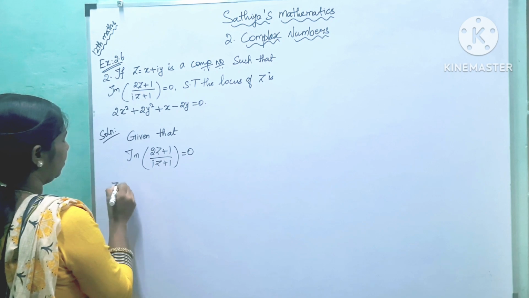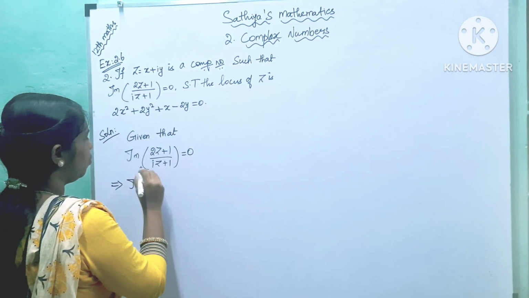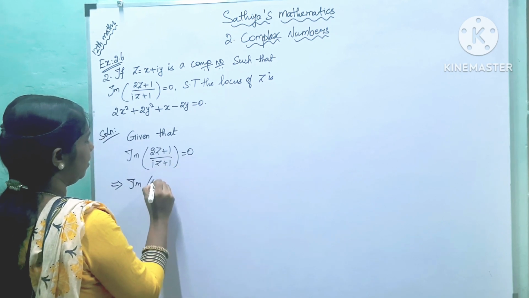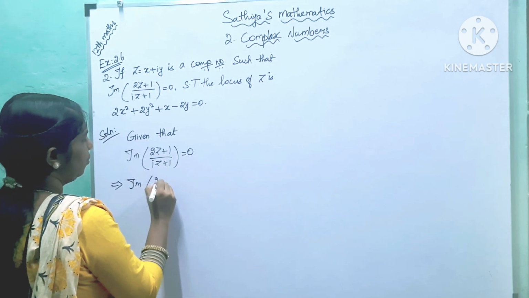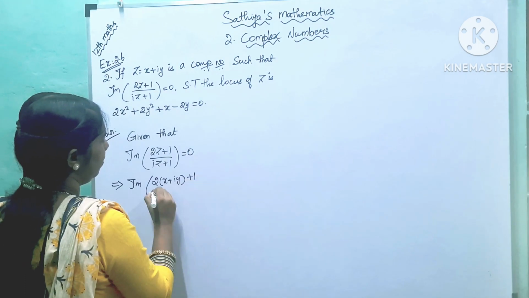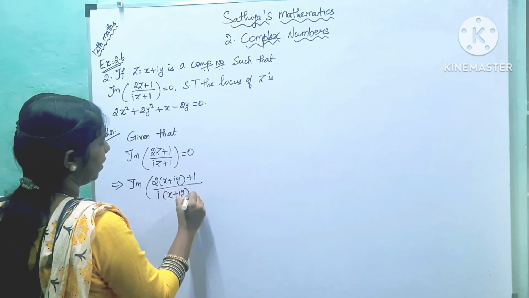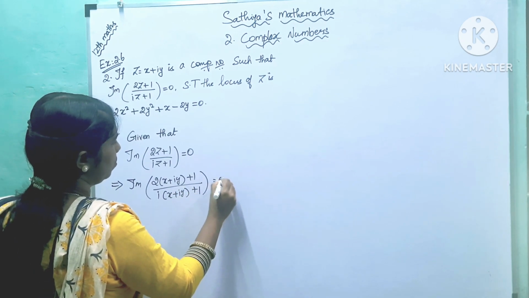So substitute that complex number in this equation. By substituting that complex number, we will get 2 into x plus iy plus 1 divided by i into x plus iy plus 1 is equal to 0.